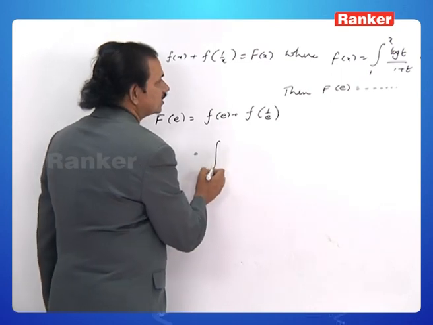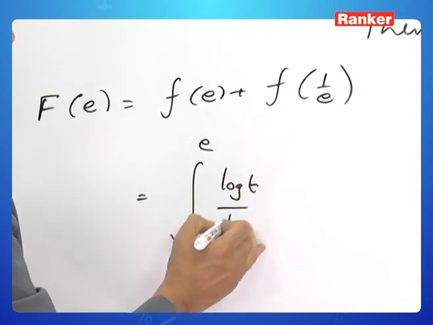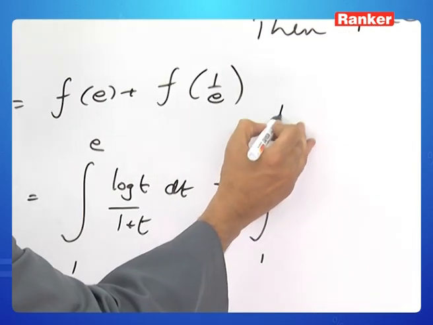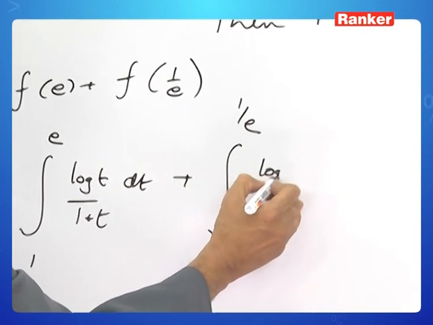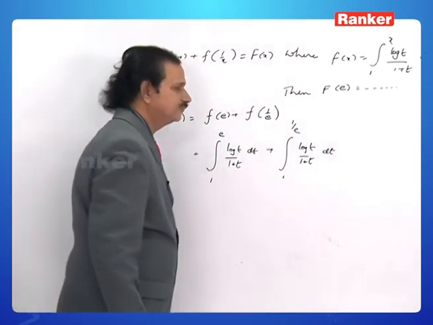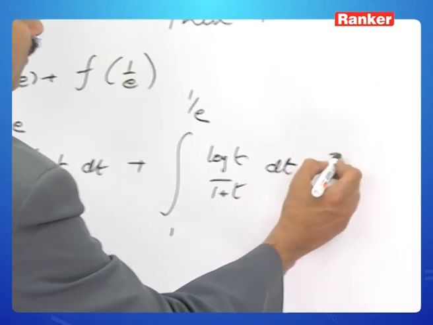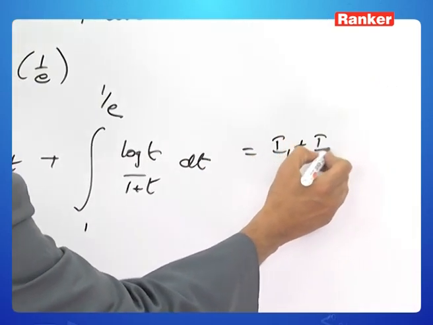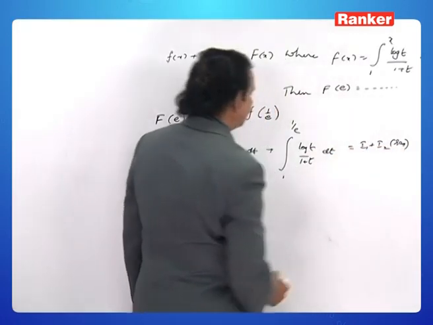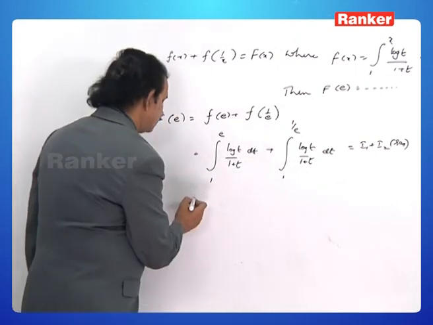F of e is nothing but integral 1 to e log t by 1 plus t dt plus integral 1 to 1 by e log t by 1 plus t dt. Call this I1 plus I2, say. Don't touch I1. Think of I2.